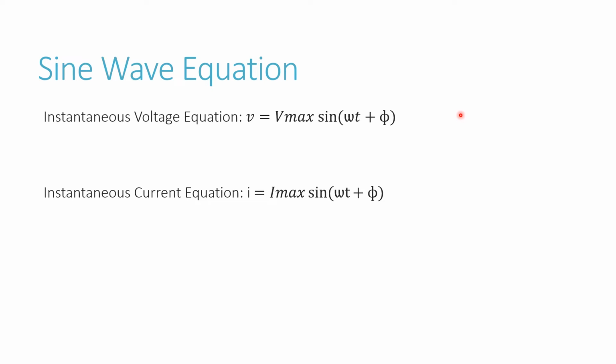So for instance, let me draw this quickly. Suppose we have two waveforms. We have a starting point, and let's say this waveform could be our voltage.